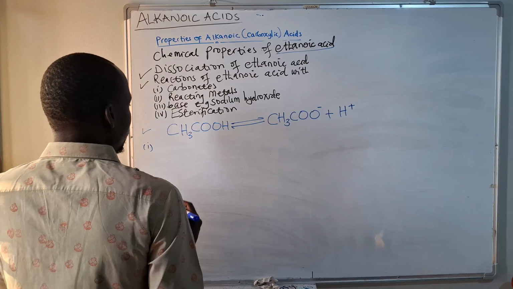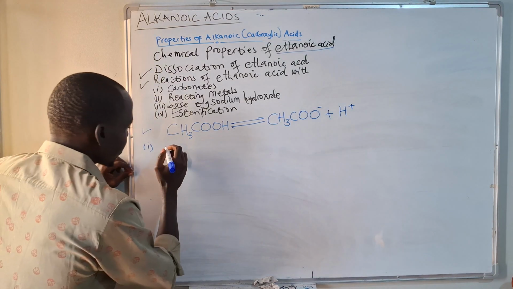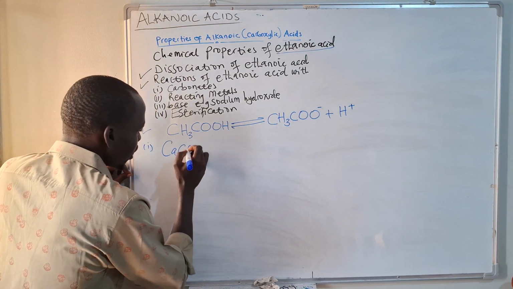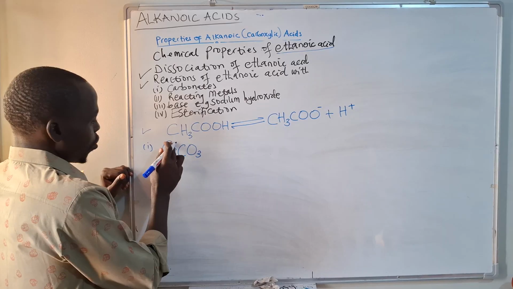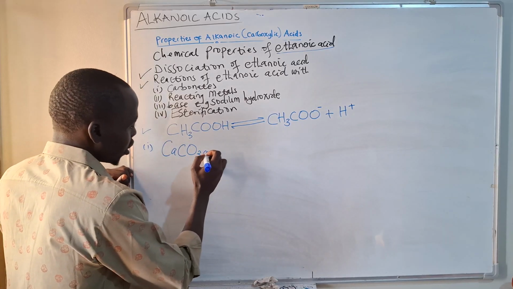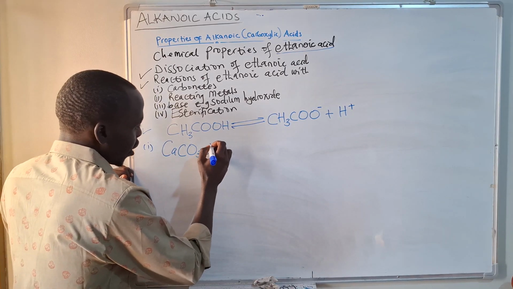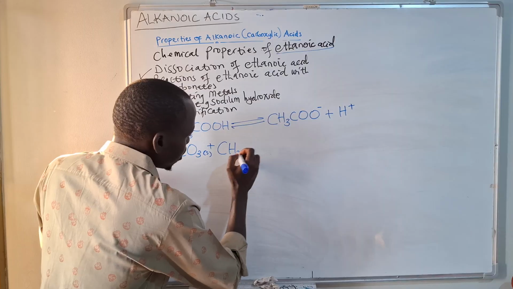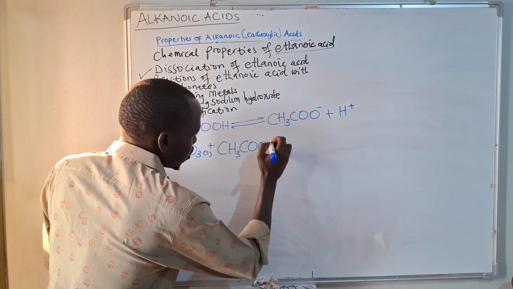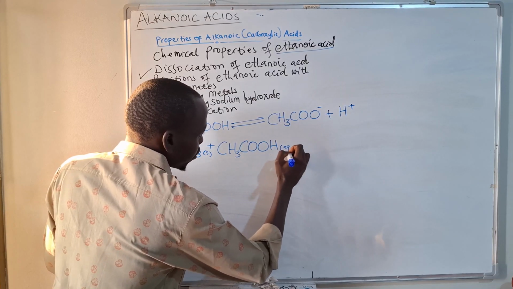So we shall be in a position to say, let's say we have calcium carbonate, taken as an example, and this is solid. We combine it with ethanoic acid, CH3COOH, which is aqueous, of course.